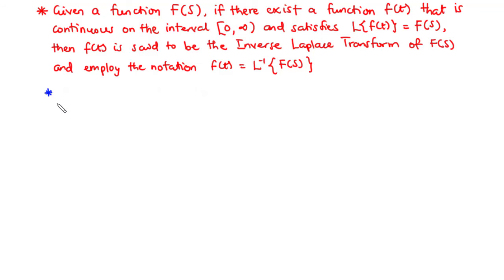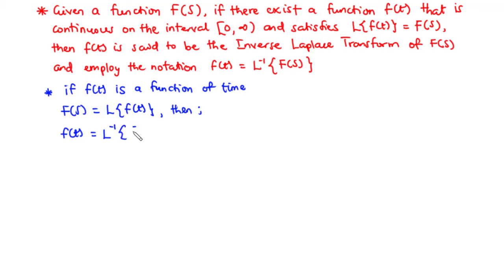Now, what do we mean by this? This is what we are saying. If f of t is a function of time, and F of s is said to be the Laplace transform of f of t, then if we want to find the original function back, that is f of t, we can say that f of t is nothing but the inverse Laplace transform of F of s.